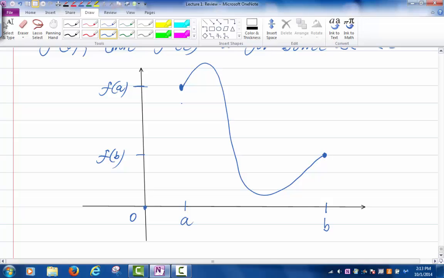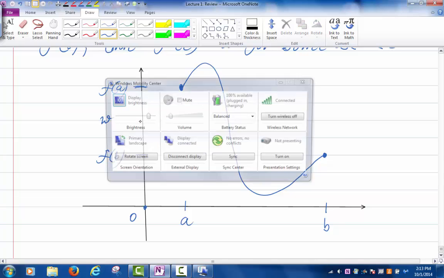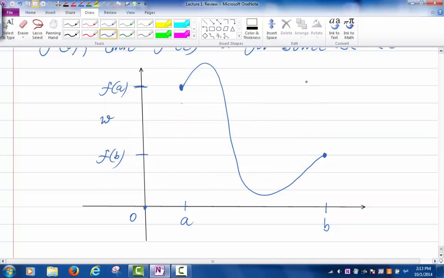So what this theorem is telling us, because f takes on the value f of a and it takes on the value f of b, it takes on any value in between f of a and f of b. So if w is any value between f of a and f of b, then f takes on the value w at some c.